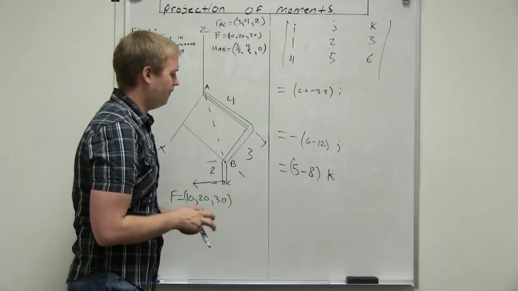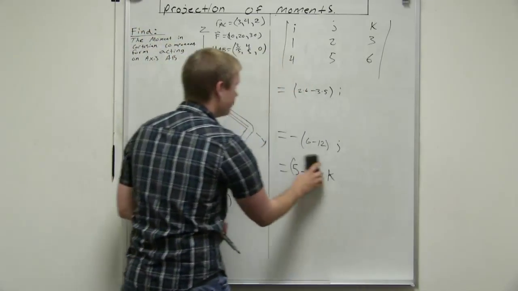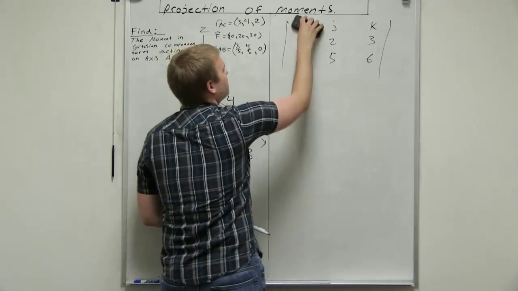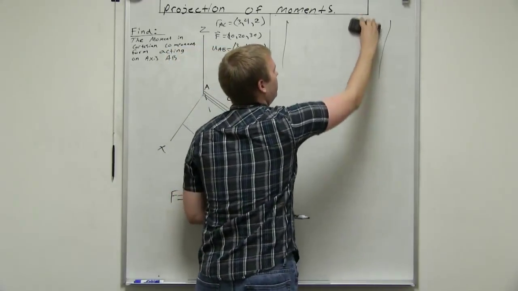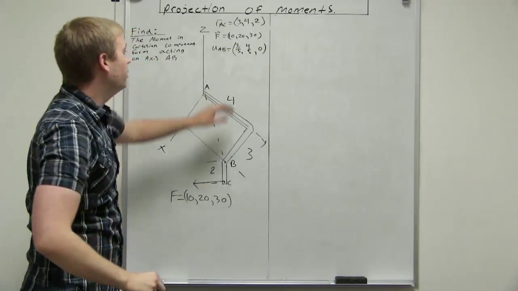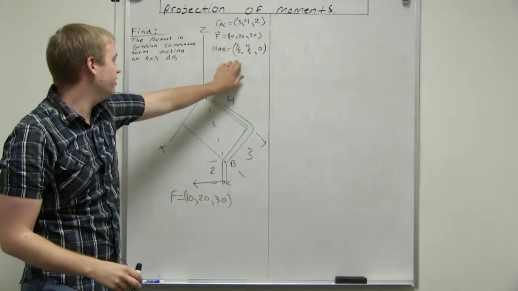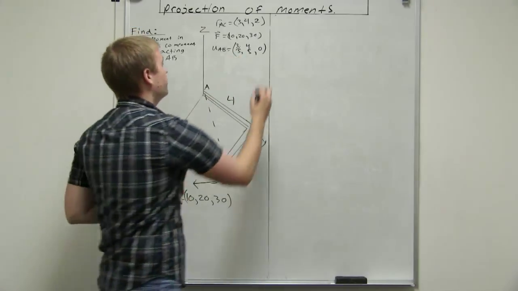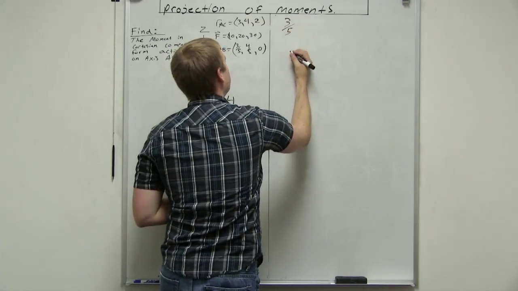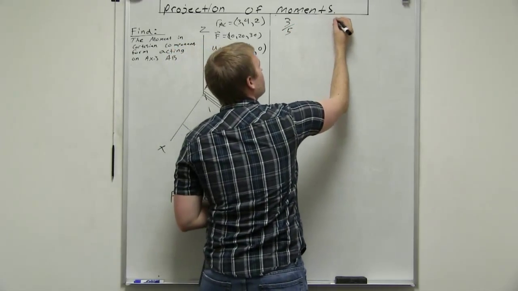Well, we're going to replace those with the unit vector of our axis now. So let's set up our cross product that we're actually going to do. Replace i, j, and k with our unit vector. So i now becomes 3/5. j becomes 4/5.